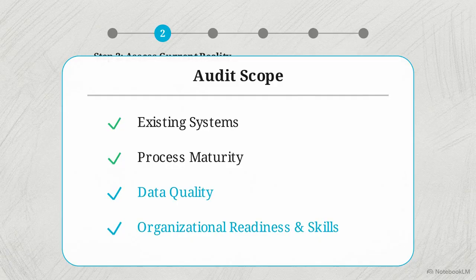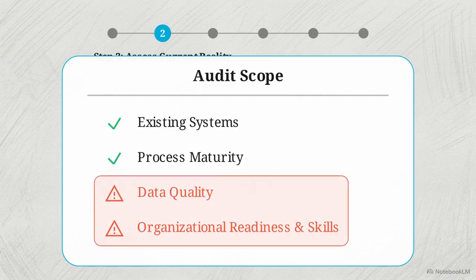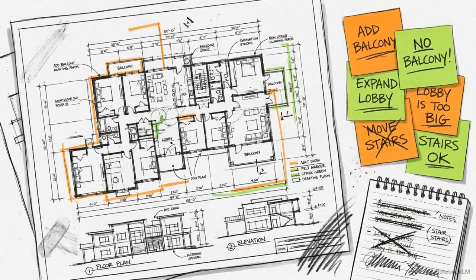Leadership often holds optimistic views about data cleanliness or team adaptability, but these inaccurate assumptions create massive blind spots. Designing a sophisticated multi-million-dollar roadmap is a complete waste of capital if it relies on a hallucinated understanding of your company's present reality.